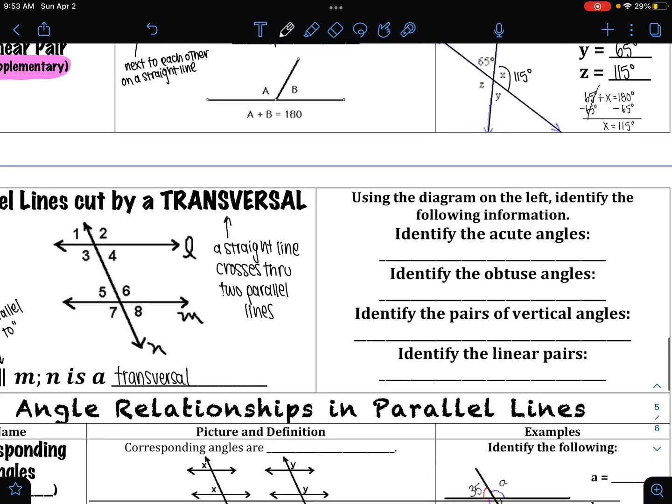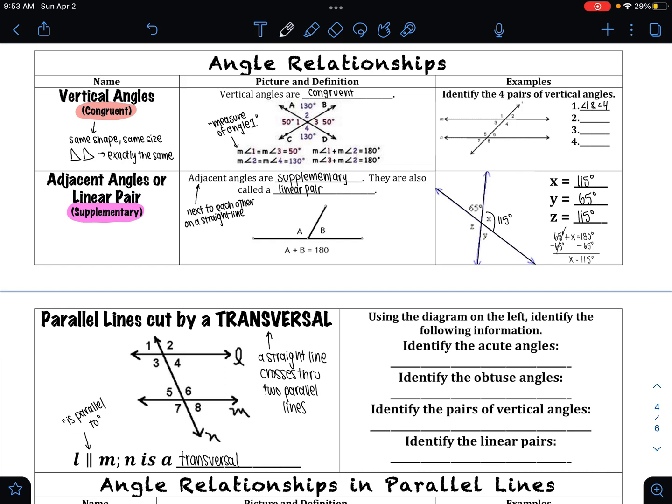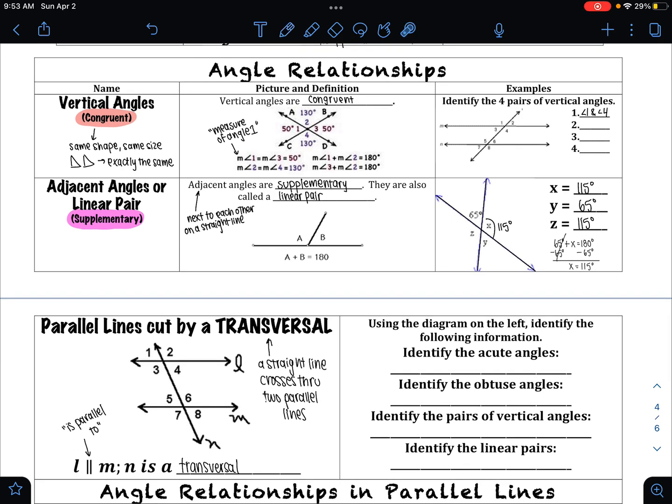The pair of vertical angles, so I'm going to go back up and look at what it says. Vertical angles are the ones that are across from each other. You can also use this example to help you. You kind of already got the answers there because it looks like it's basically the same picture. So the vertical angles there are going to be pretty simple.